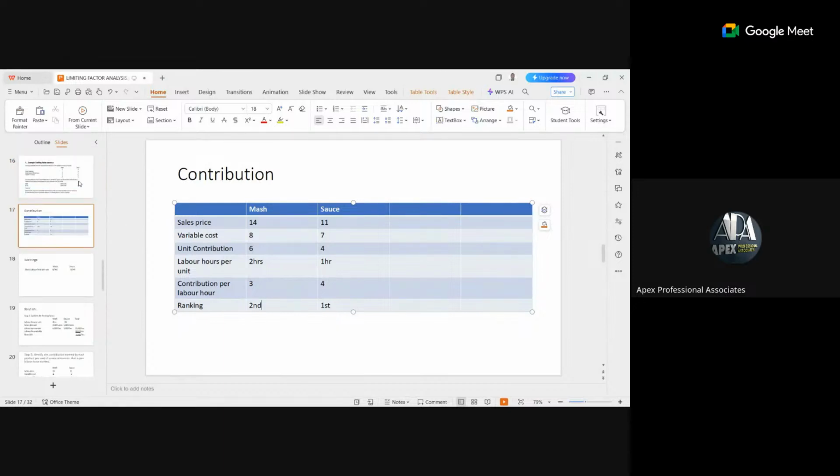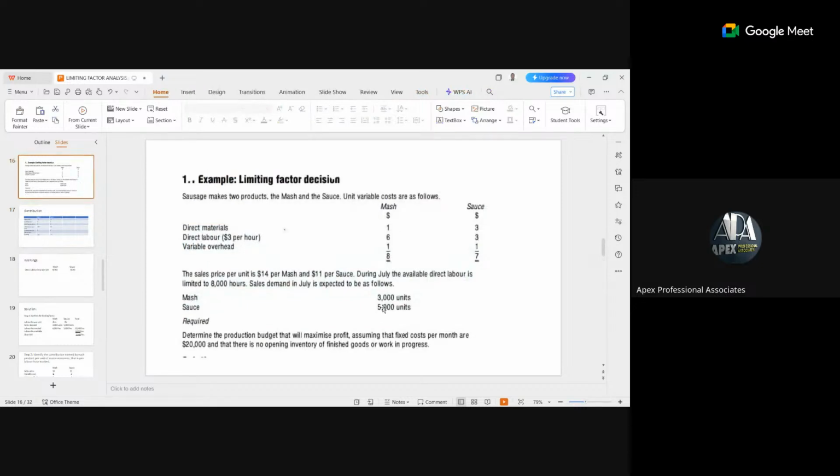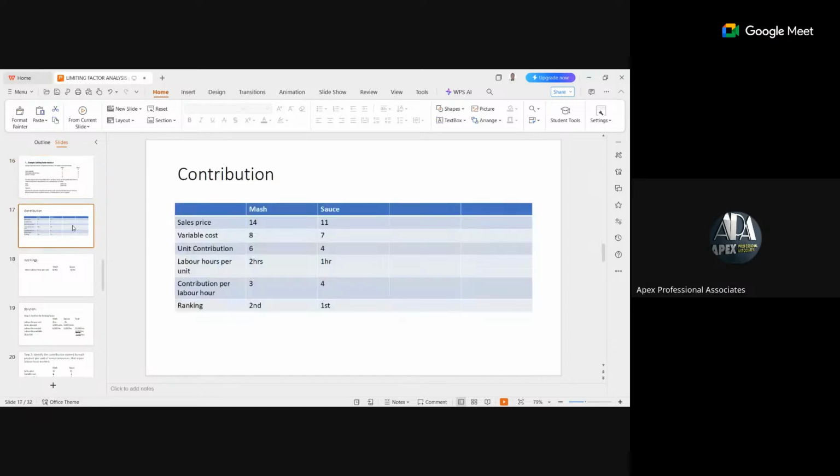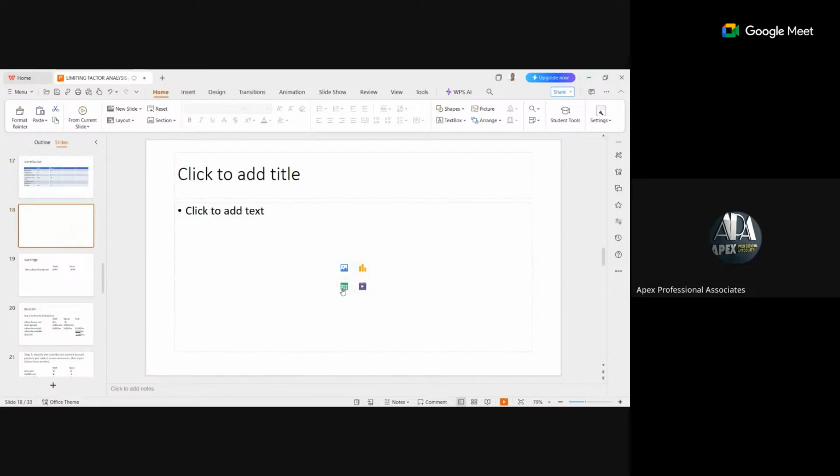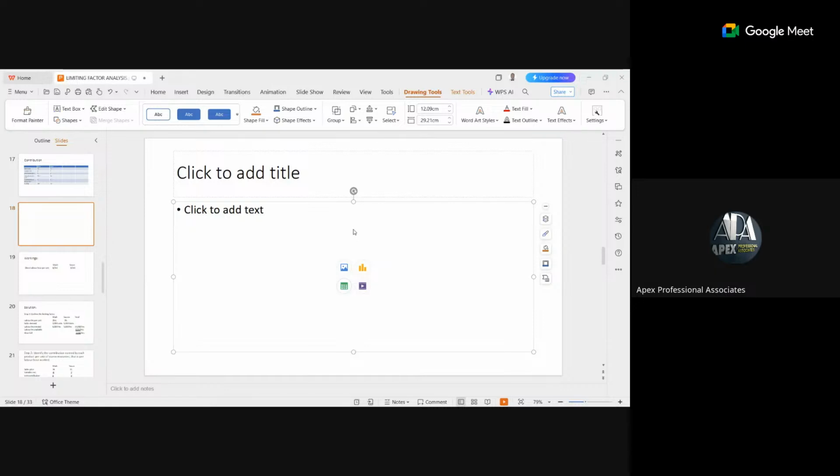Going back to the question, we have the demand for each product. For source, we have a demand of 5,000 units. For mesh, we have 3,000 units.